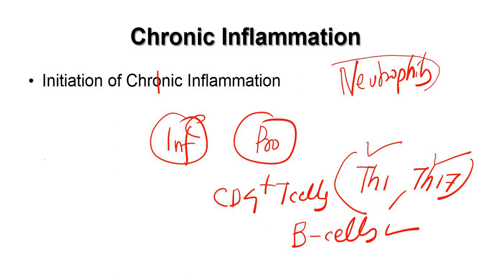The neutrophils will be recruited for a sustained duration. I mean, the neutrophils will keep on coming on and on, and more neutrophils will be sent to the site of injury. That is sustained recruitment.